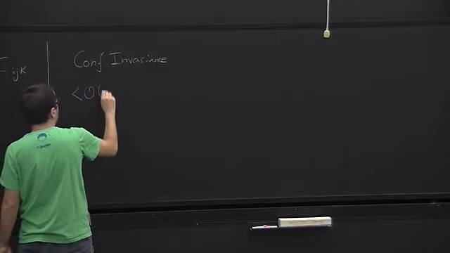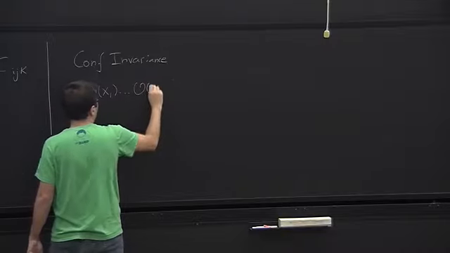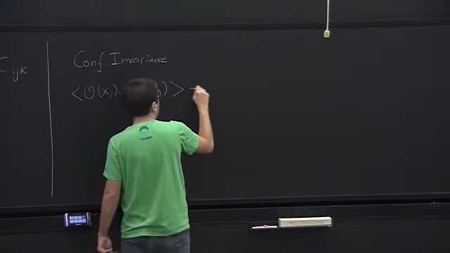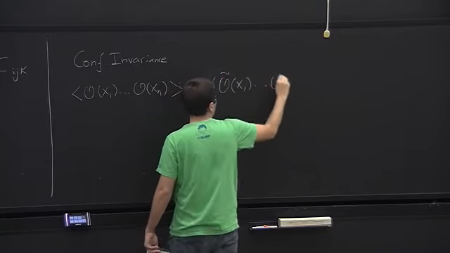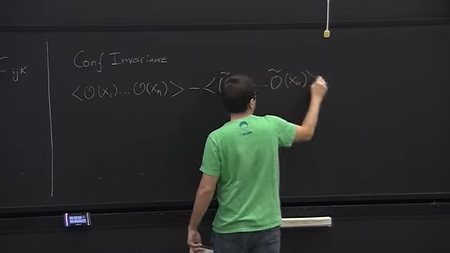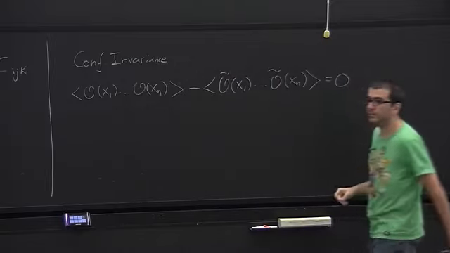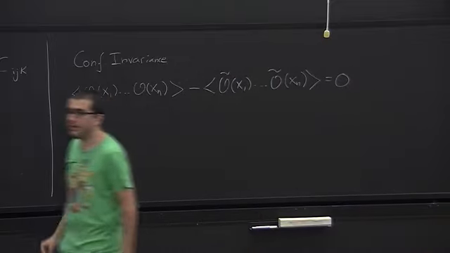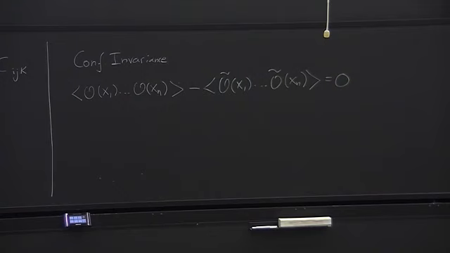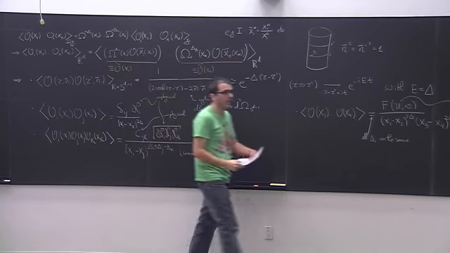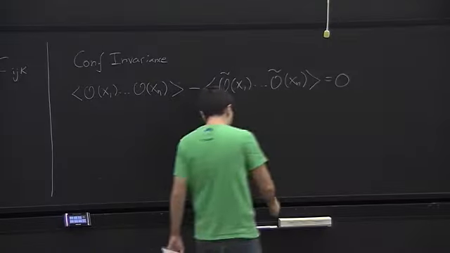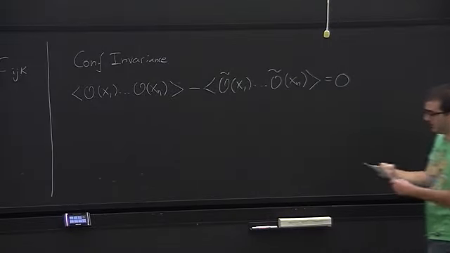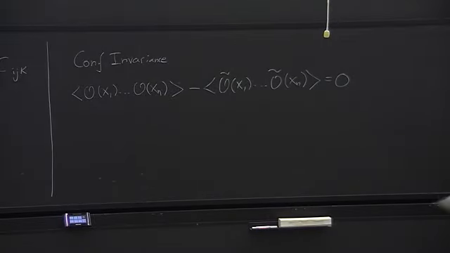It is the statement that if I have operator x1, operator xn, this minus the same thing with tildes, is equal to 0. Okay? Again, let me emphasize, this is a definition. Okay, so this is a statement of conformal invariance. If my operators transform according to that rule, then correlation functions are invariant under this theory.